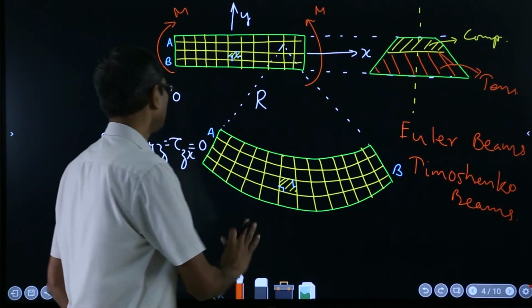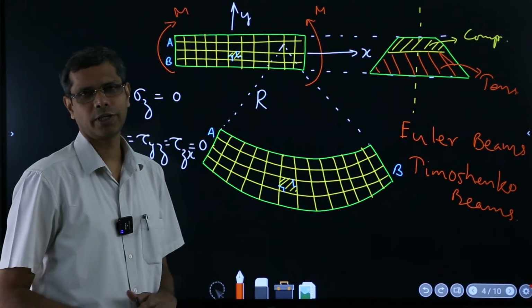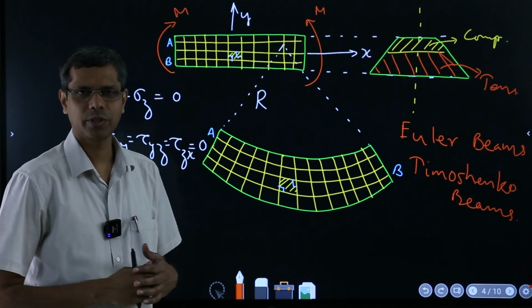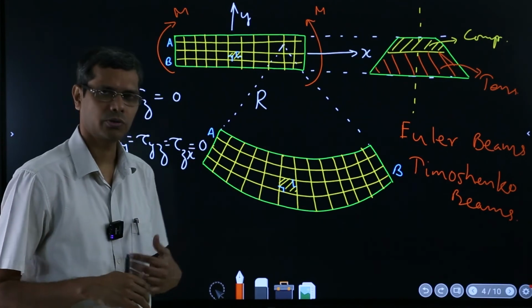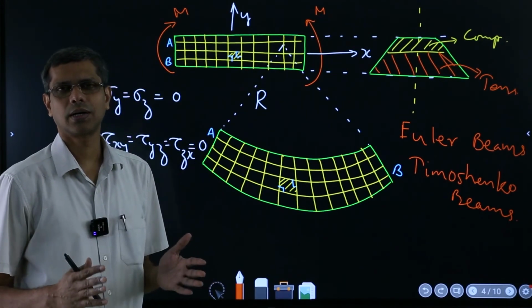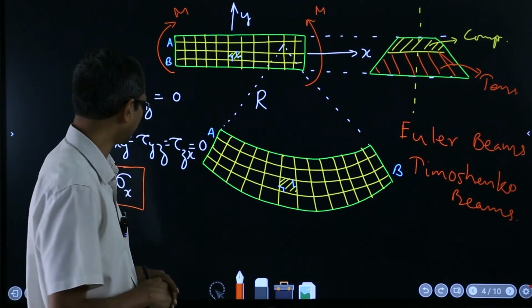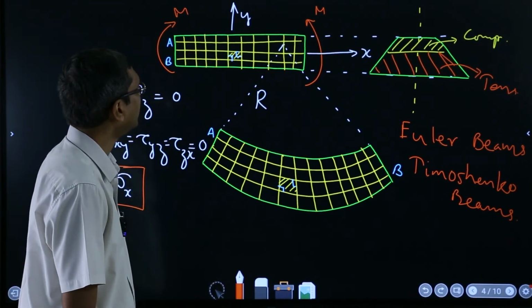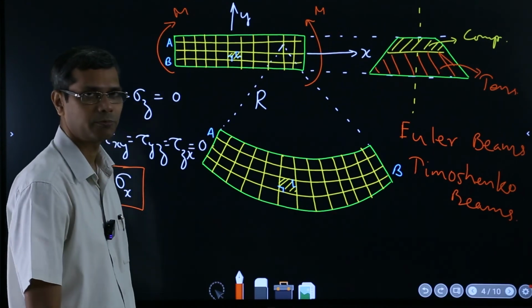Okay, so for our study, we will see if time permits, we will talk about Timoshenko beams. Otherwise, we will stick to mostly the Euler beams, where all these conditions are satisfied and things are simpler.